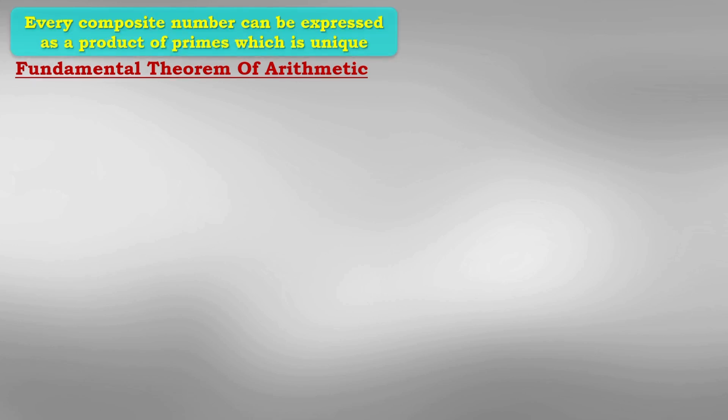So today we are going to learn about the fundamental theorem of arithmetic. Though the name is a bit big, don't worry, this is very easy and very simple, and you already know it. This is basically the prime factorization you did in the earlier classes, like your smaller classes, the prime factorization of any number. What this fundamental theorem of arithmetic states, first you need to understand, is that every composite number can be expressed as a product of primes which are unique.